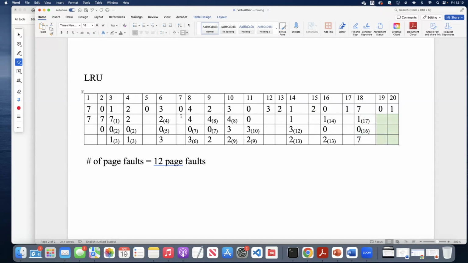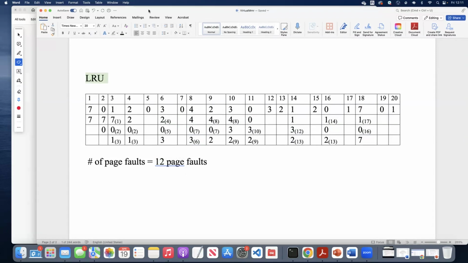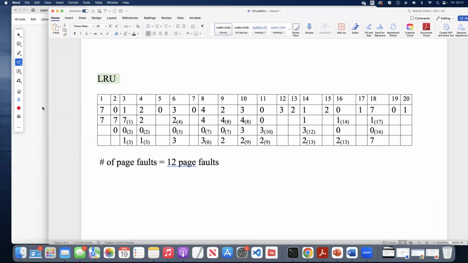Now we count the number of page faults: 1, 2, 3, 4, 5, 6, 7, 8, 9, 10, 11, 12. So we have 12 page faults when we use the least recently used algorithm.